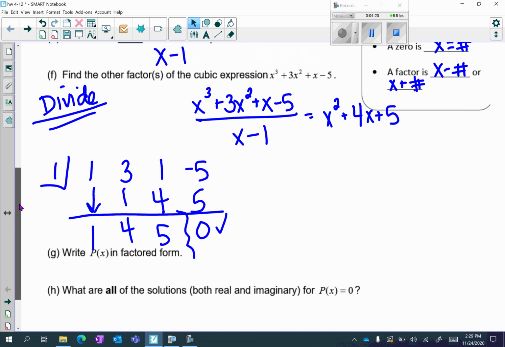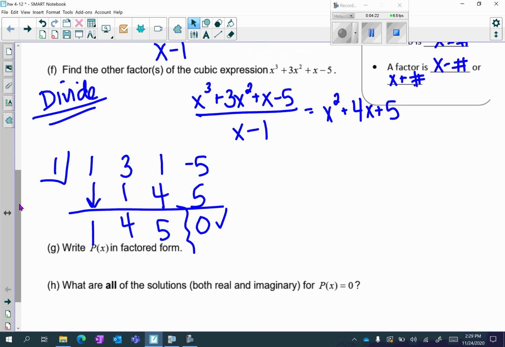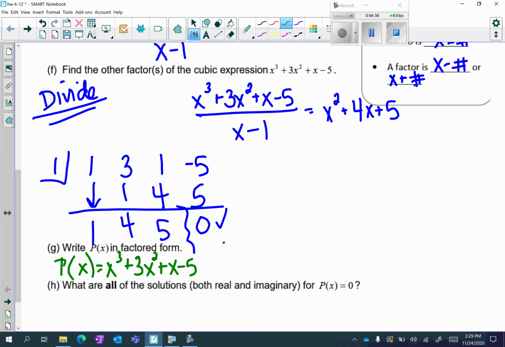Part G wants us to write p of x in factored form. So right now, I have it in standard form, or the original question gave it in standard form. It gave it as p of x equals x cubed plus 3x squared plus x minus 5. This is standard form because it was a list in order of exponents from biggest to smallest.